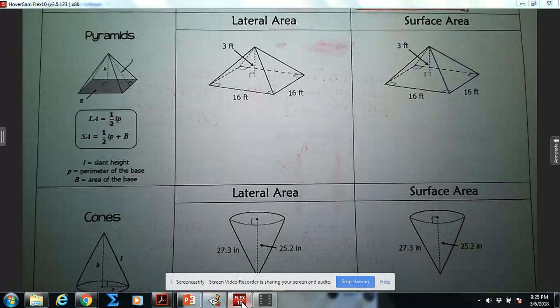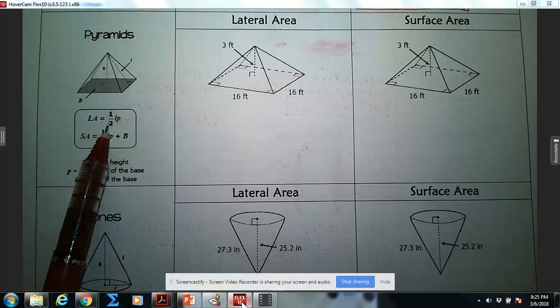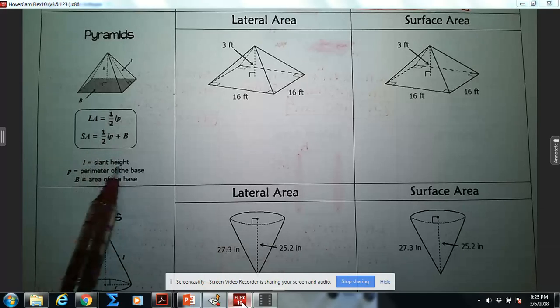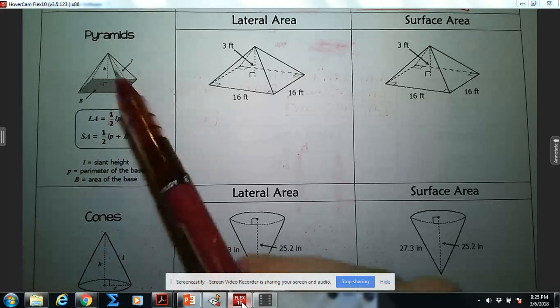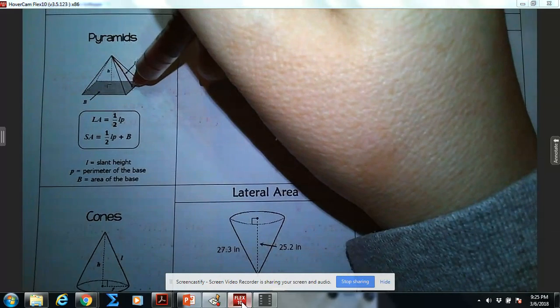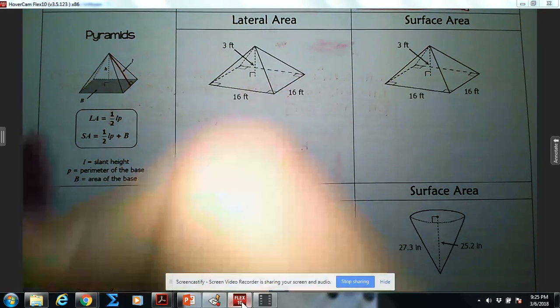All right, the formulas are kind of crazy here, so we're going to have to make sure we understand. The lateral area formula is 1/2 LP. L is the slanted height. So look at the picture here. This is something new, special to pyramids.